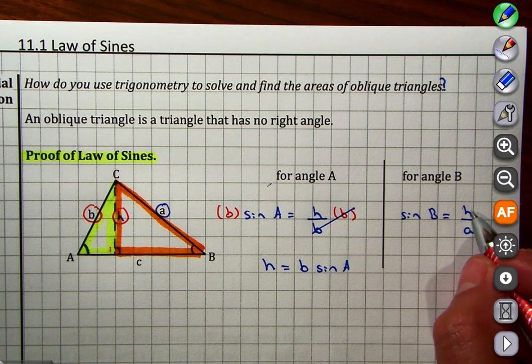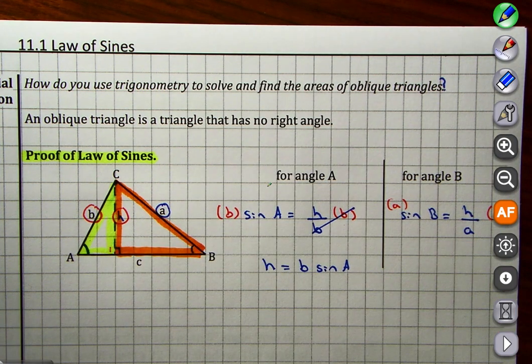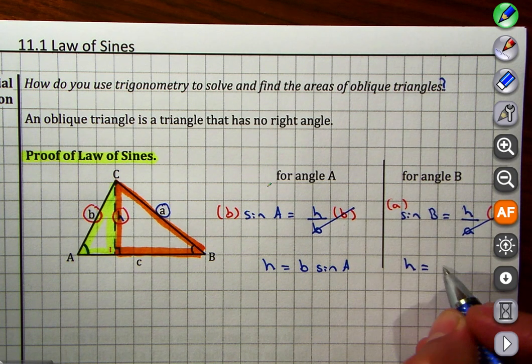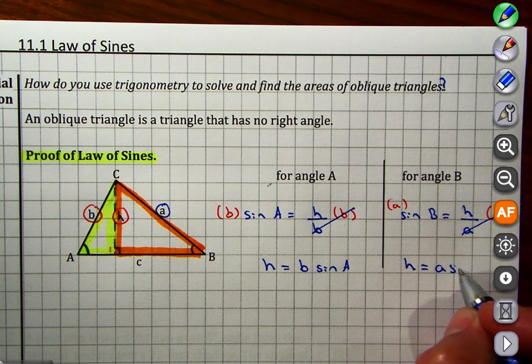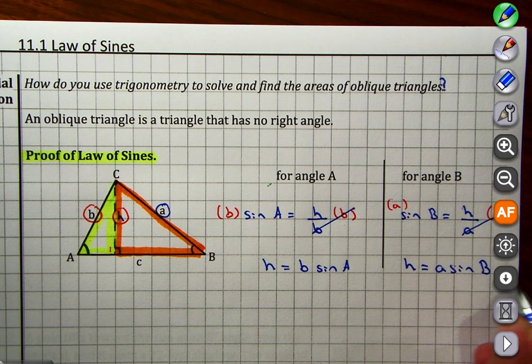I need to leave the h by itself, so I'm going to multiply both sides by a. By multiplying by a, my h is by itself. So h equals a sine of B.